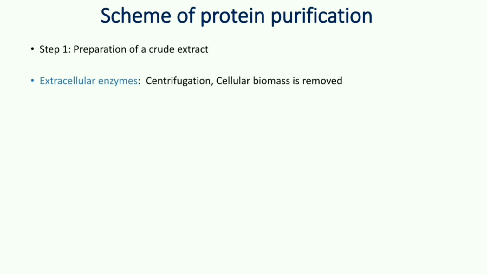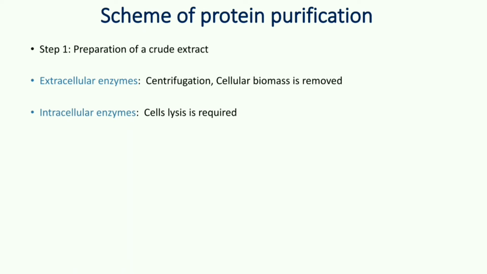Extracellular enzymes are secreted out into the fermentation media. This medium is then subjected to centrifugation. After centrifugation, the cellular biomass or pellet is removed, whereas the supernatant is known to possess enzymes and proteins.